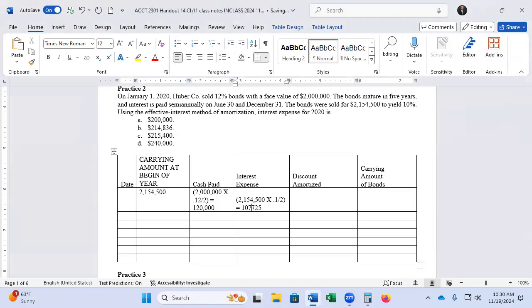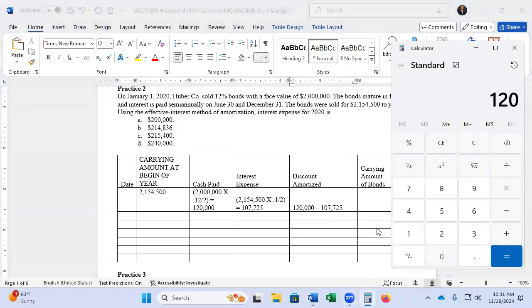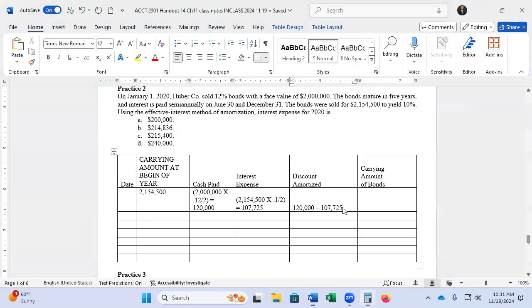That's $107,725. And so the discount amortization is 120,000 minus 107,725, which is $12,275.